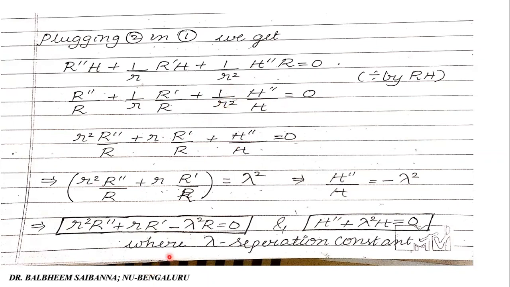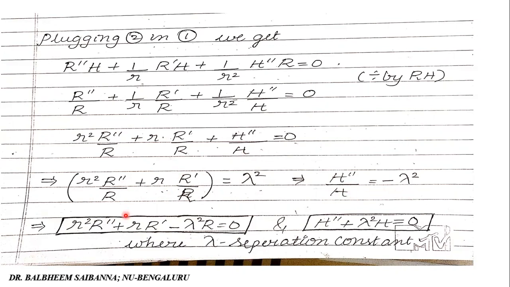So we have two parts: the first two terms form one part, and H double dash by H is the other part. Then r square R double dash by R plus r R dash by R is equal to lambda square, and H double dash by H is equal to minus lambda square, as you know from the previous classes.